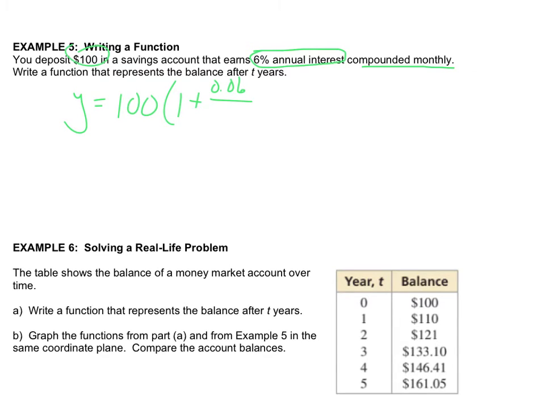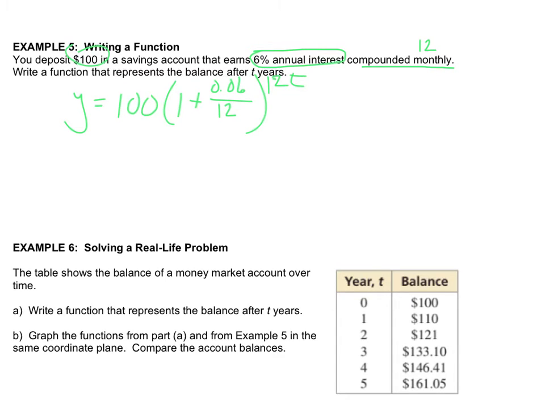Now the N, if I think monthly over a year, there are 12 times that we're going to compound this interest, so the N is there. It is also up here. So we're not just compounding in one place, it's in 2 places. Because remember, T is years, and we need to change that to months.